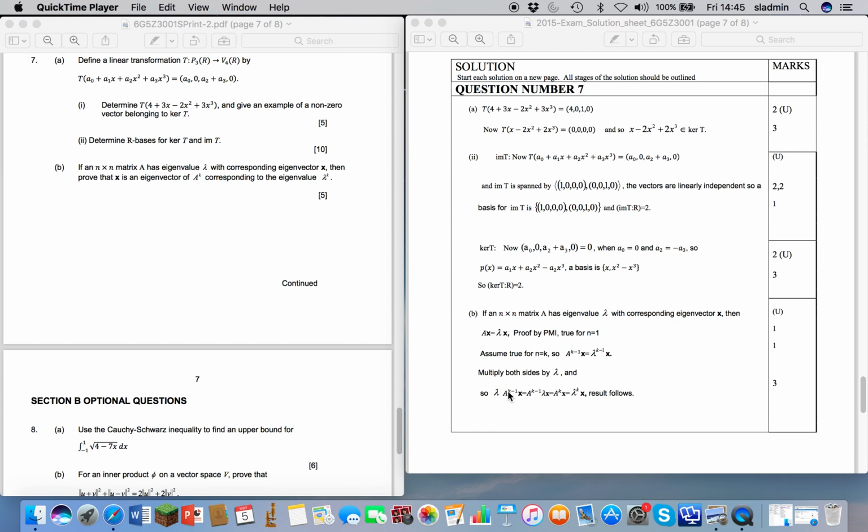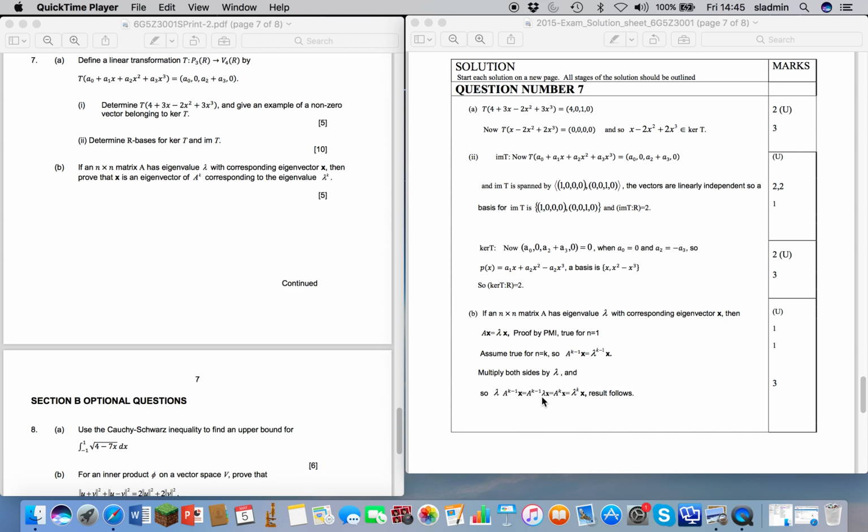So we have lambda A to the k minus 1 x, and that's equal to A to the k minus 1 times lambda times x. Okay, but here we know that, remember that Ax equals lambda x. So lambda x is equal to Ax. So this lambda x here is Ax, so that gives us A to the k x.